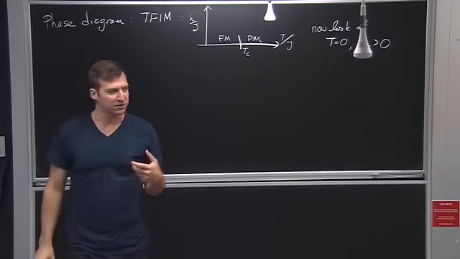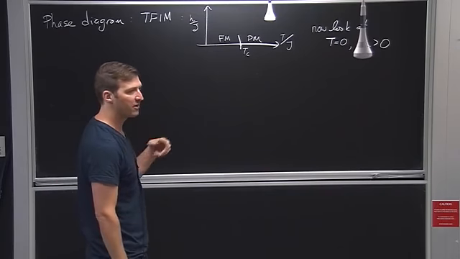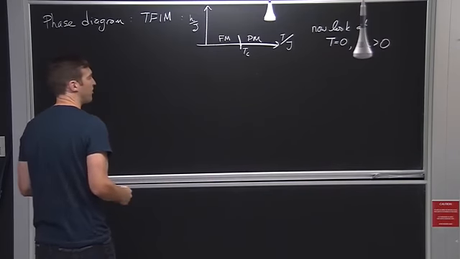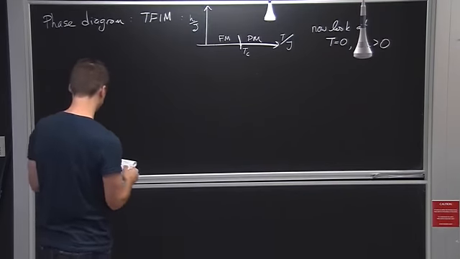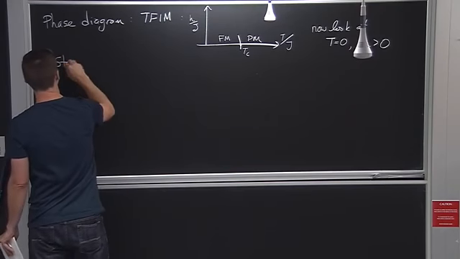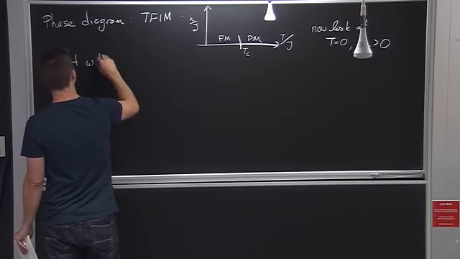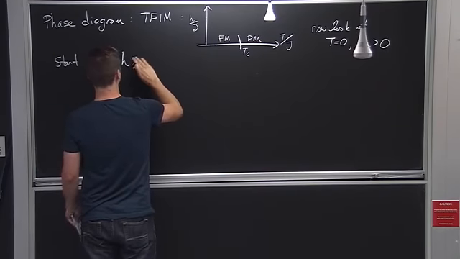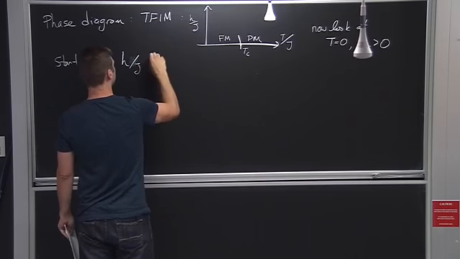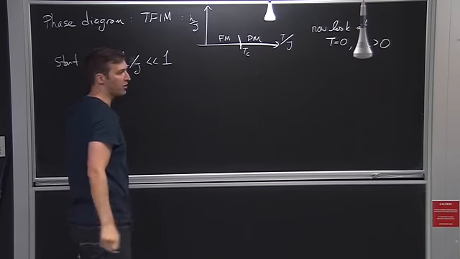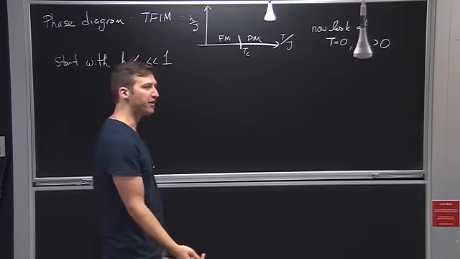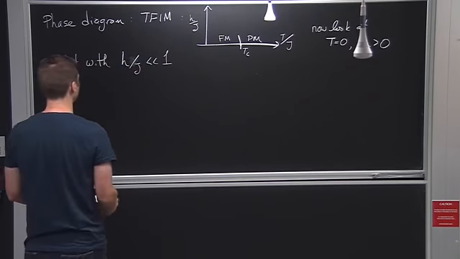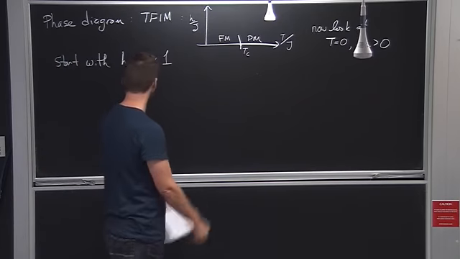As soon as we put on the transverse field, this sigma z operator doesn't commute with the Hamiltonian anymore. So we have to use some sort of perturbation theory. All we're going to do today is assume that we're in the small field limit, and perform a standard perturbation theory on the transverse field Ising Hamiltonian.